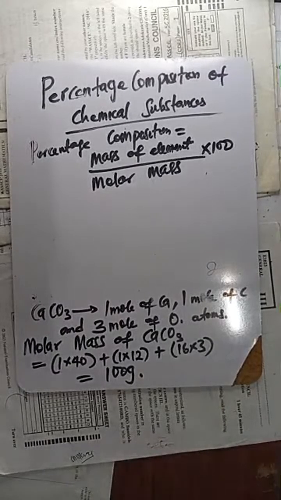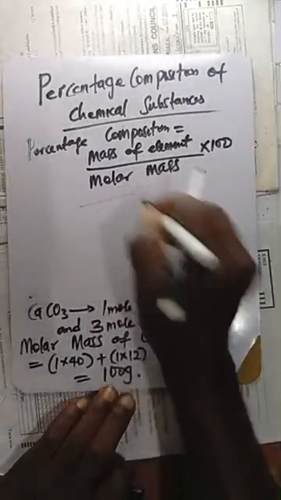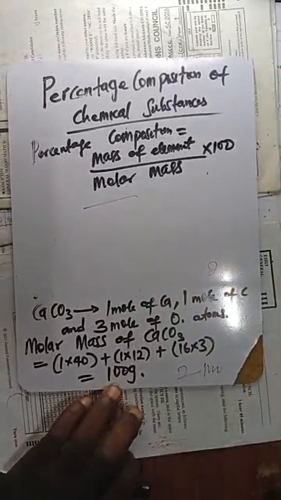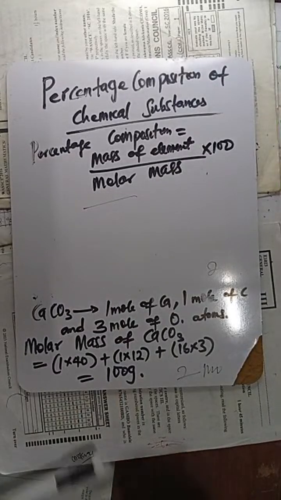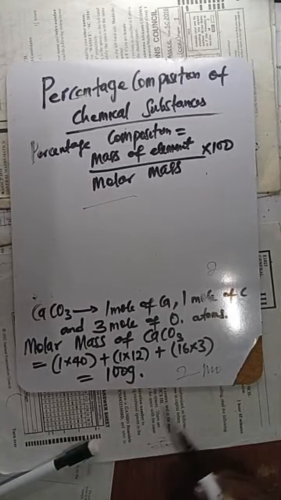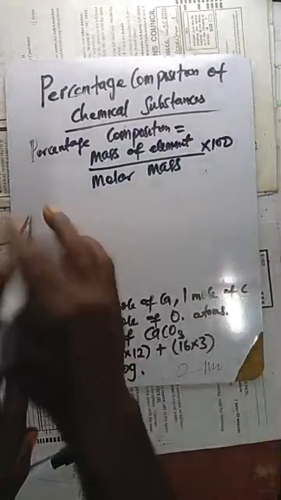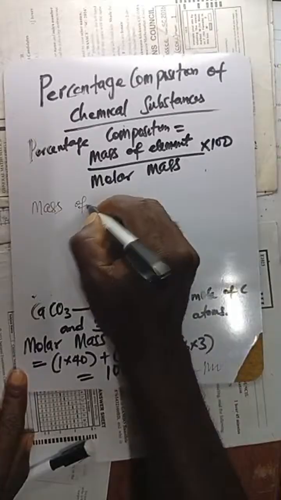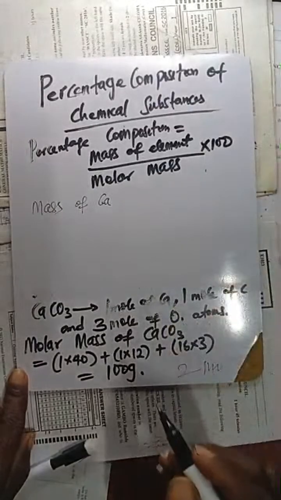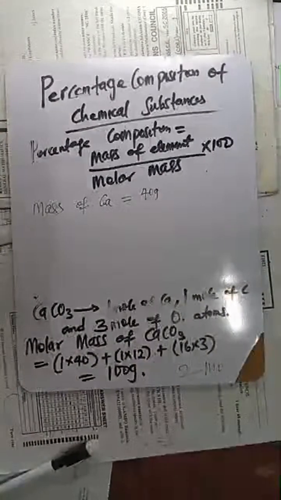Now we will be doing it one by one. Now let's firstly find the mass of calcium. Mass of calcium is equal to 40 gram.